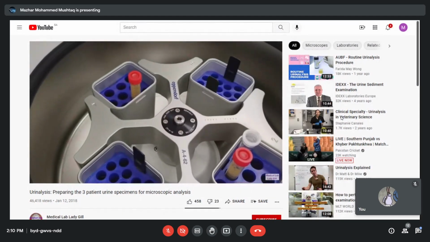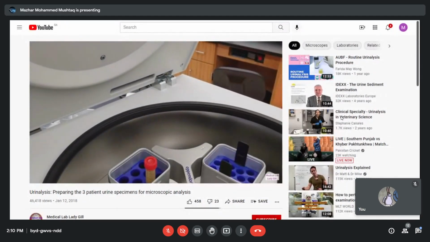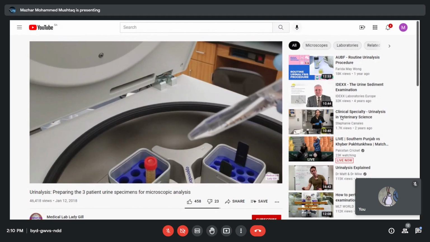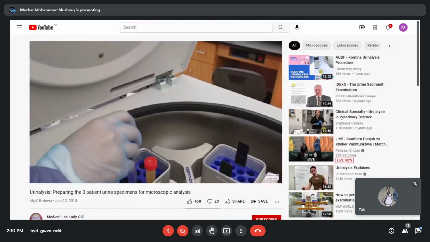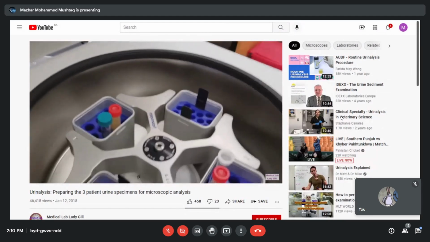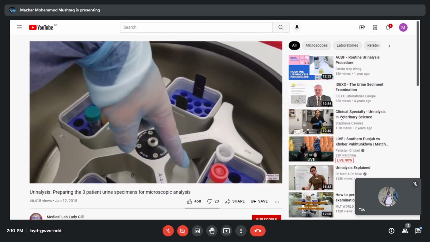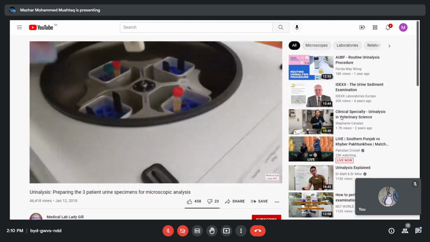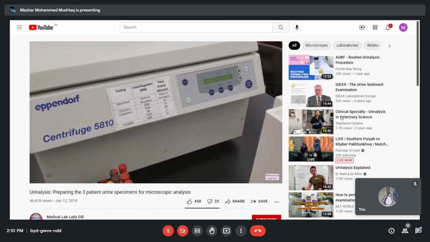I need to have a balance here, and this one's just water. We balance it across the rotor, so that it's balanced across the rotor. That comes down with very high force.